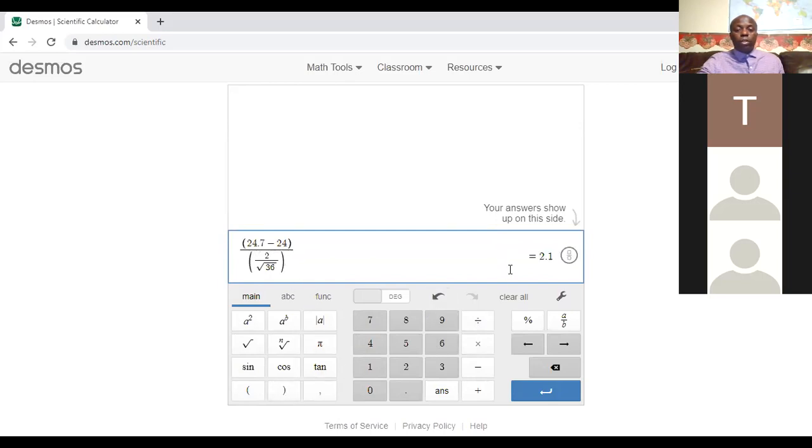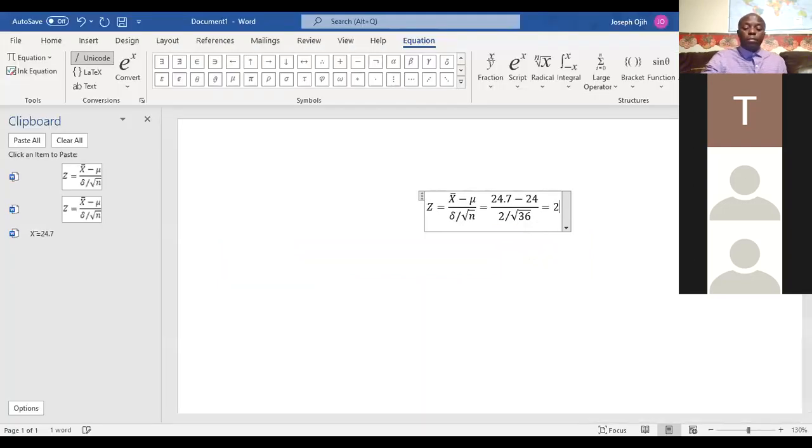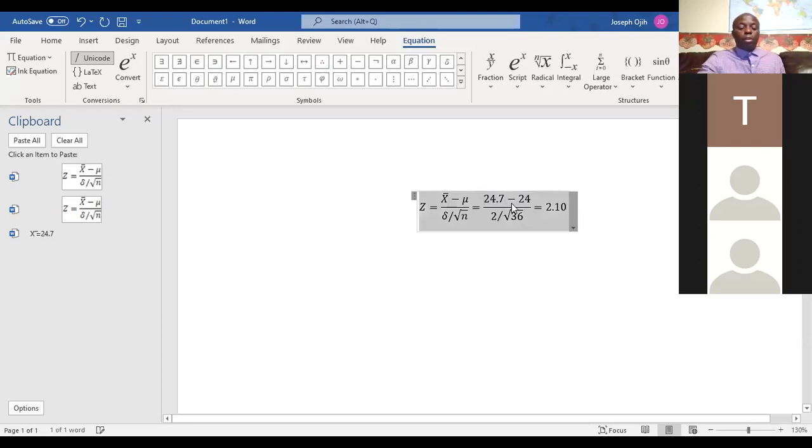I got 2.1, basically 2.10. So I'm going to copy this, put the answer in that workbook, and then copy it into our main workbook.